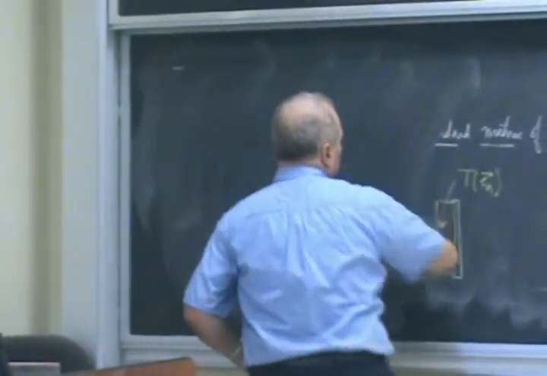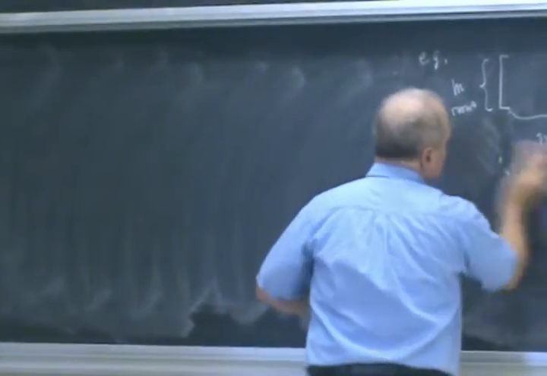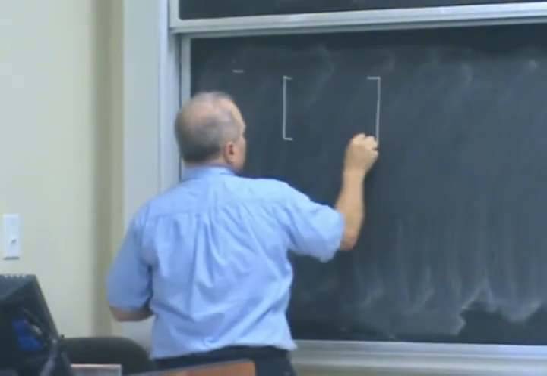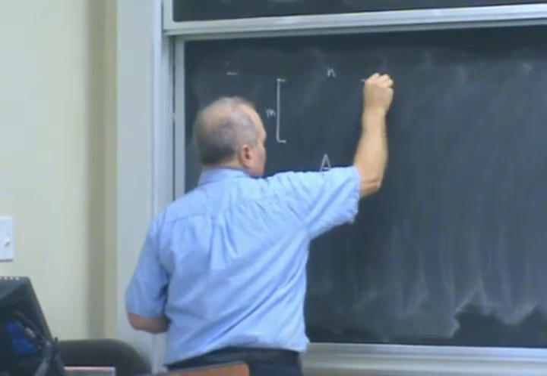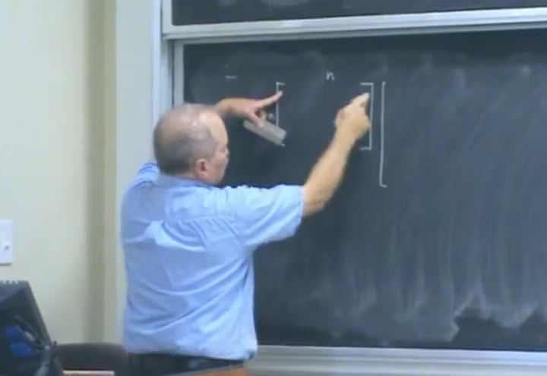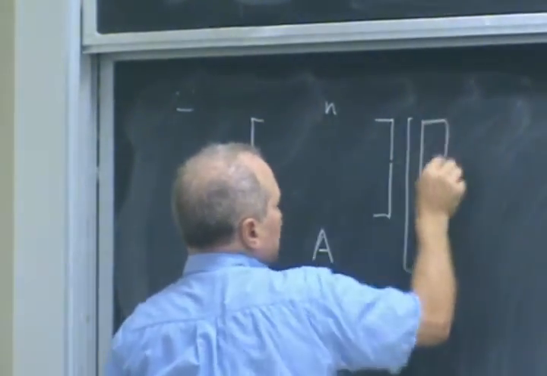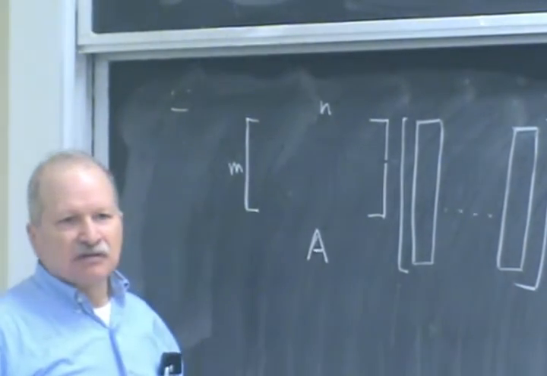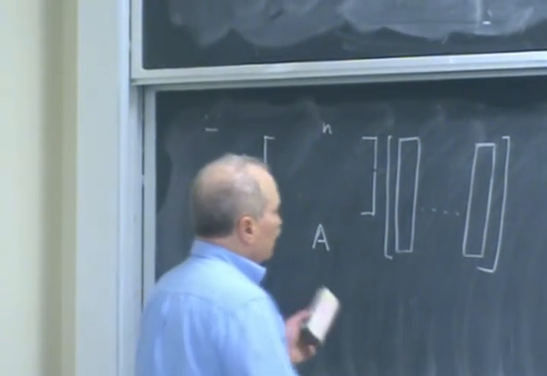All right, so I've told you how to multiply a matrix times a vector. Suppose you had a matrix A, and you had a vector with n coordinates so that it would make sense to multiply. But suppose I had several of those vectors. What would be a natural thing to do? You could just do the computation column by column, could you not?